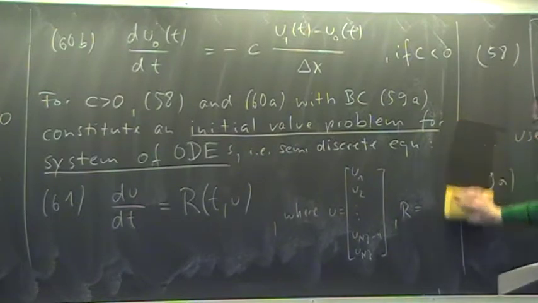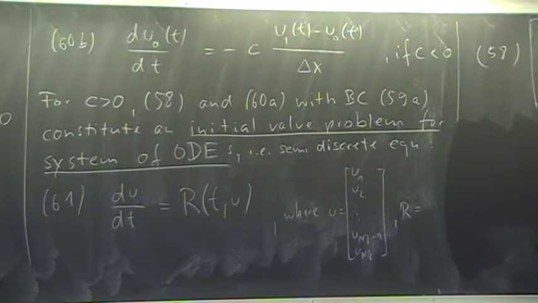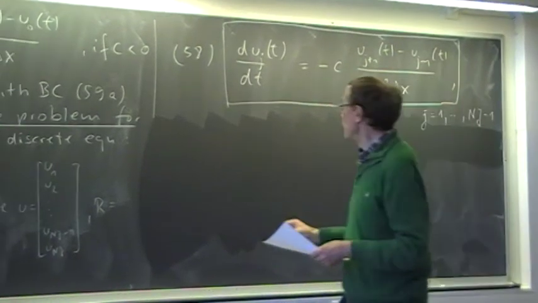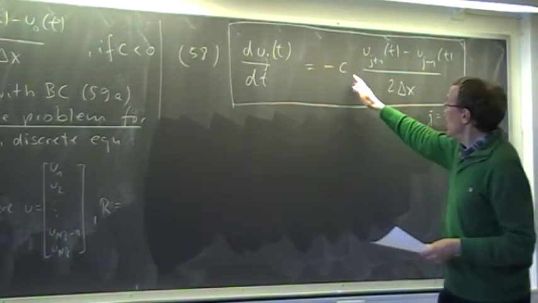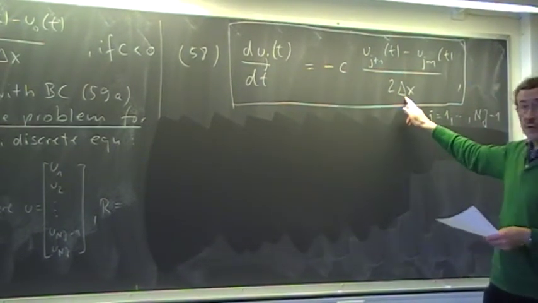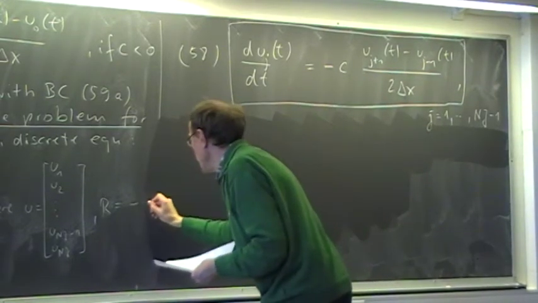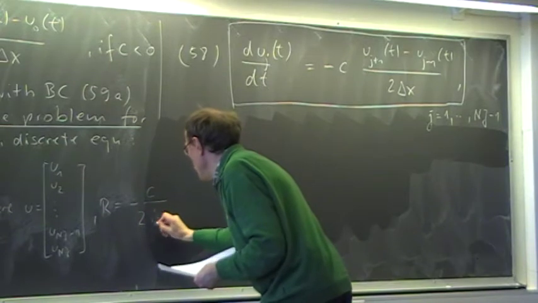So the boundary condition we use, you will see that. That is j from 1 to nj. So then we have the following. Let's look at it. We have a minus c over 2 delta x in front, so we can write that in front: minus c over 2 delta x.